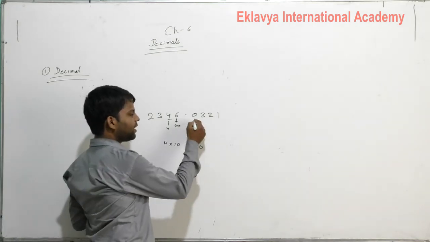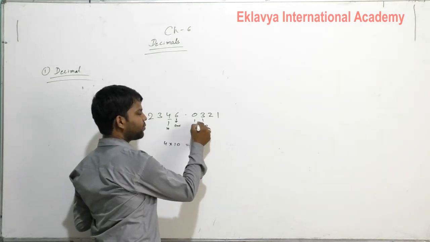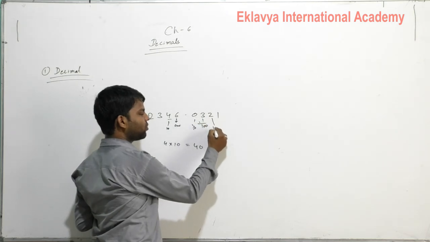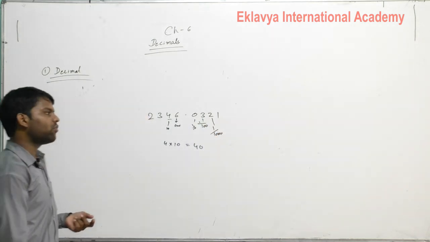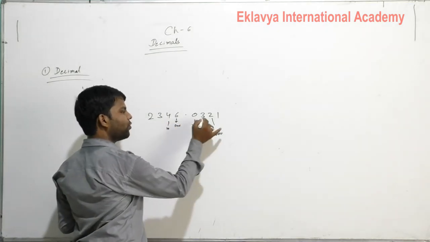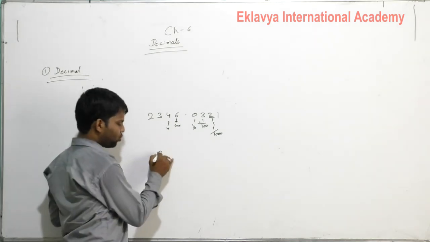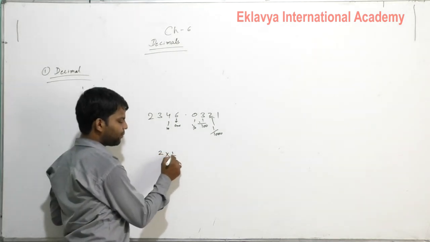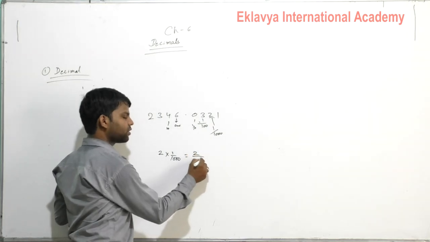After the decimal, it's the tenths place, the hundredths place, and the thousandths place. If we want to find the place value of 2, then how will we represent it? 2 multiplied by 1 upon 1000, we get 2 upon 1000.